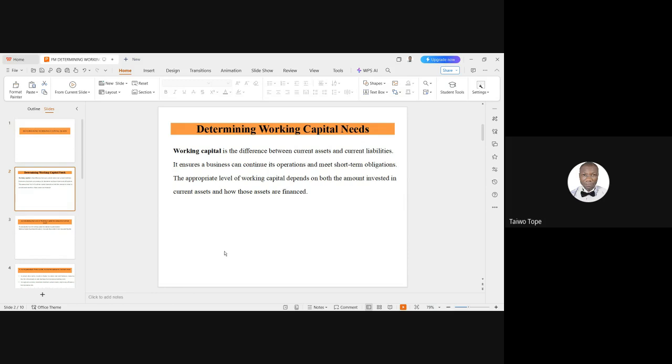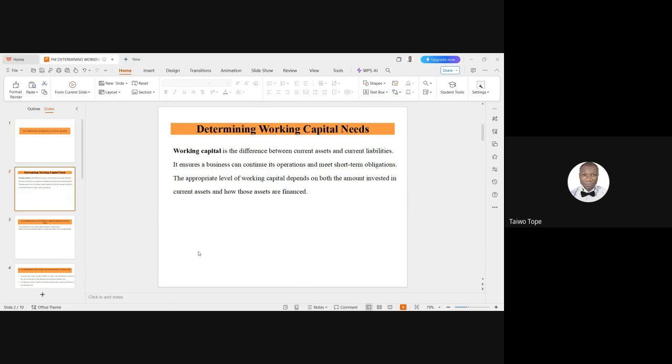Business organizations must note that too little working capital can lead to difficulties in paying suppliers or employees, while too much working capital can mean that funds are tied up in idle cash or idle assets instead of being invested for growth. So the appropriate level depends on the size and composition of current assets.